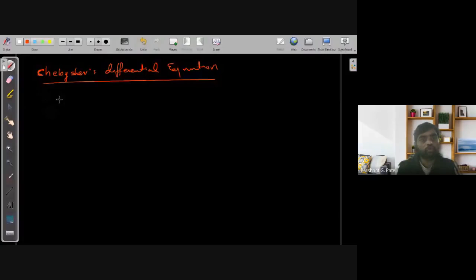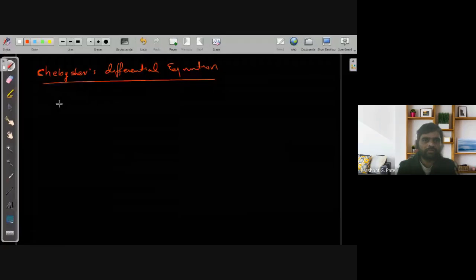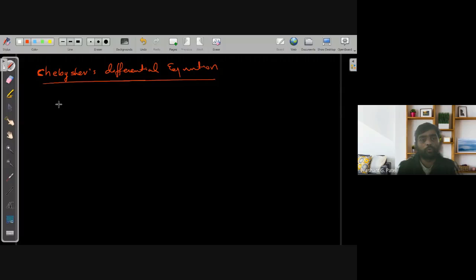and the solution for this differential equation is known as the Chebyshev polynomials, and those polynomials actually give you the best approximation of a continuous function, which is a very interesting topic to study. So what is this Chebyshev equation?